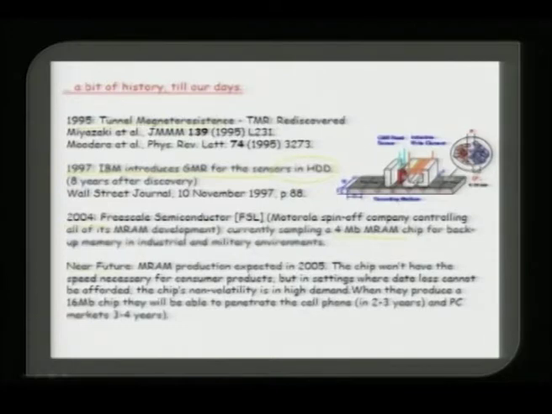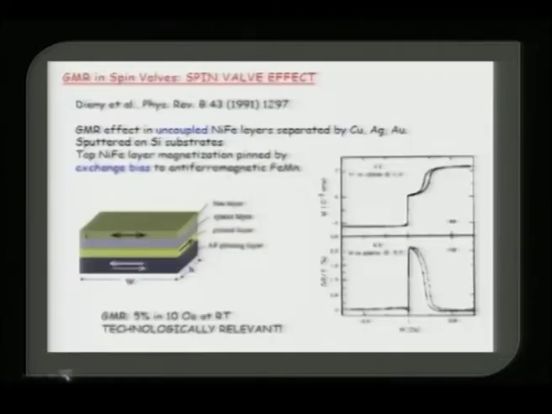In the near future you have MRAM production expected in 2005, which is already set into action. Now by 2010 we have a generation of MRAM devices which are coming into the market. This was actually a forecast several years back, but it is actually turning out to be a reality in 2010. Now GMR in spin valves is typically of this nature.